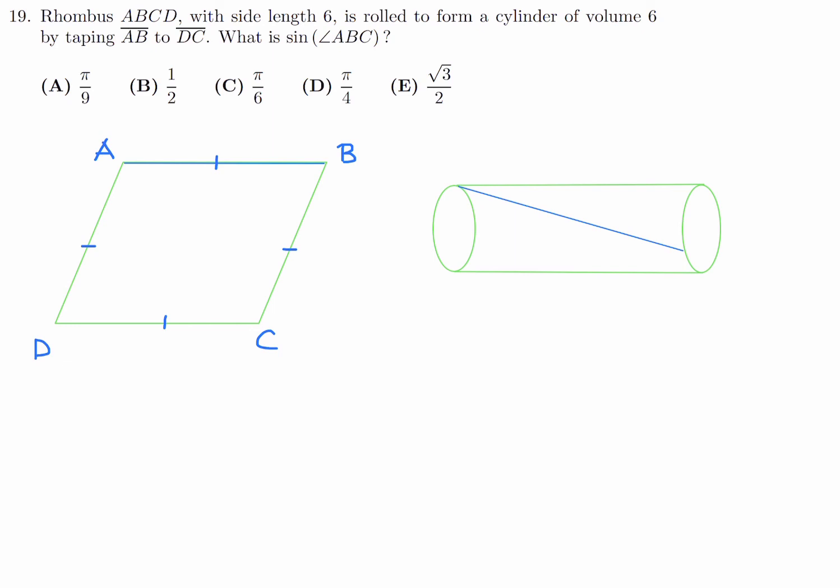Now they want you to figure out the sine of angle ABC. Well, angle ABC is here, right? But where is it on the cylinder? This is A, and this point right here is B. So angle ABC here is this angle right here, the angle that it makes with that side.